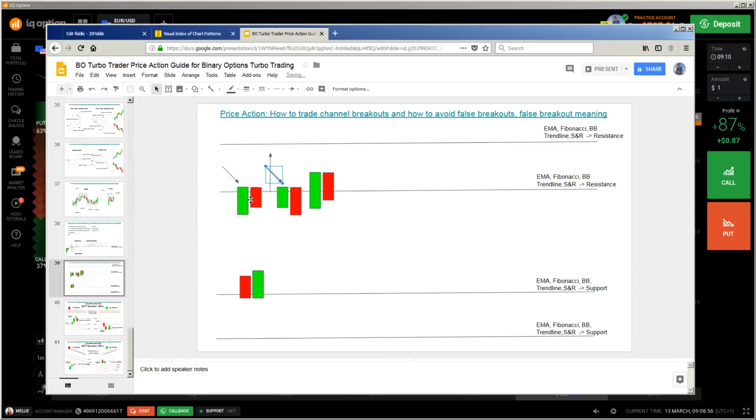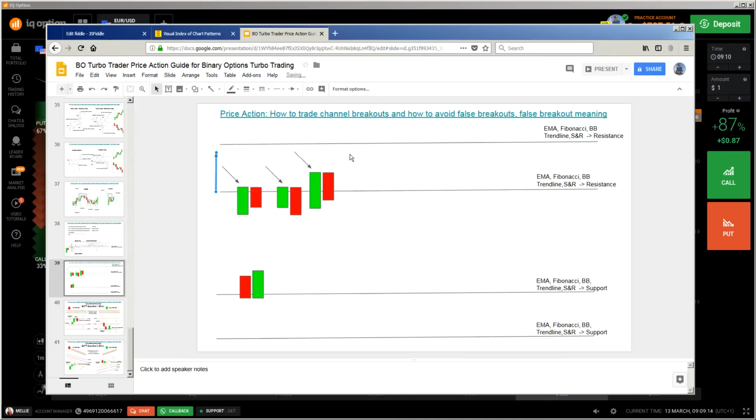It was only a fake breakout, and this is mostly the one where you're going to lose, because this is really difficult to identify. You have to be really experienced, or you have to wait for the momentum to get in place to understand what is going on.